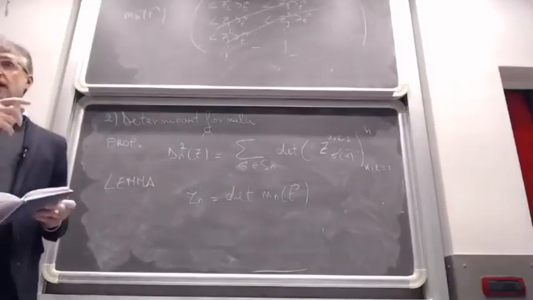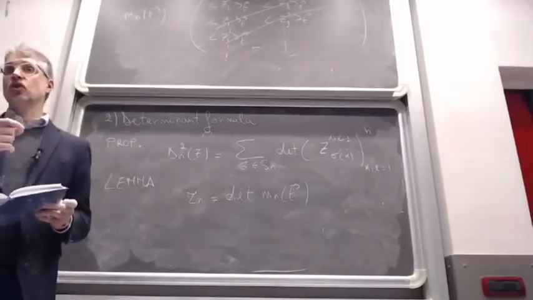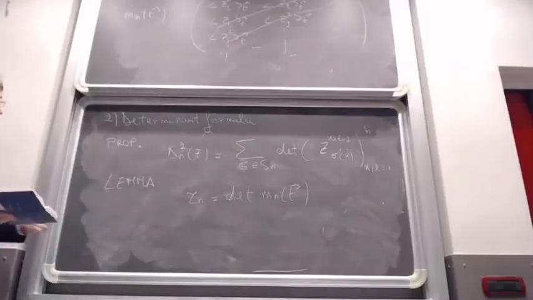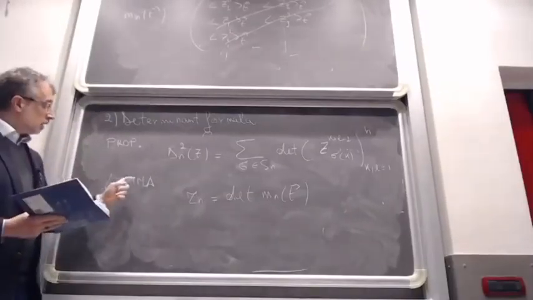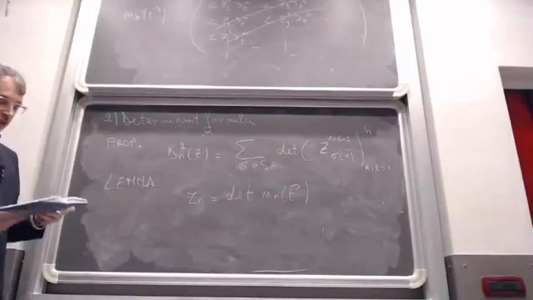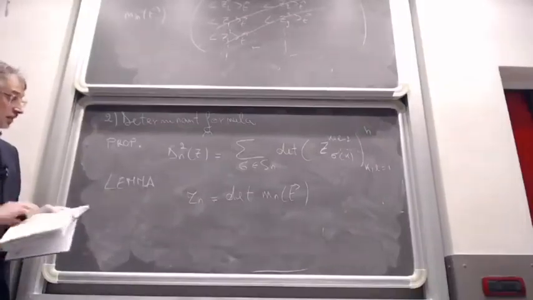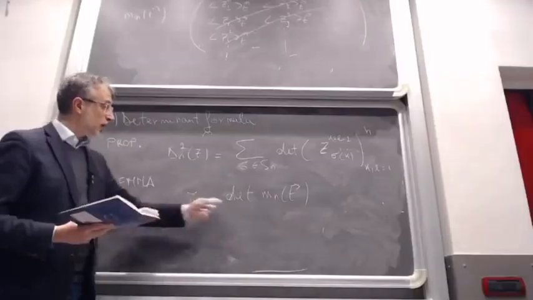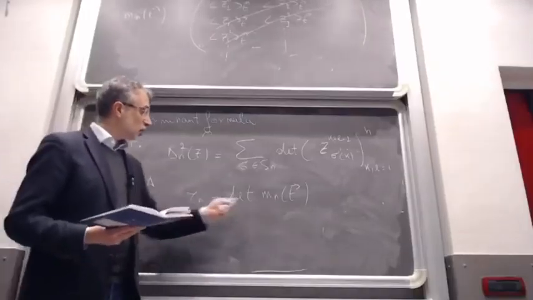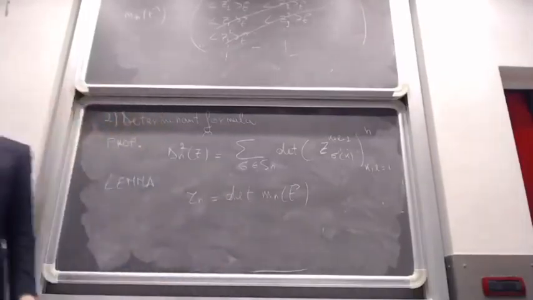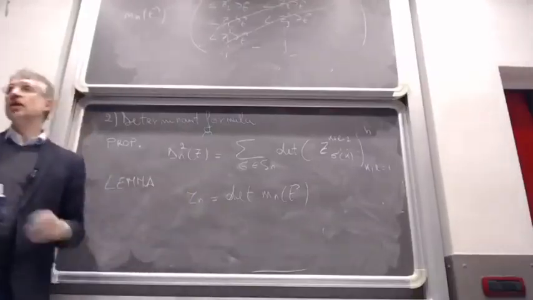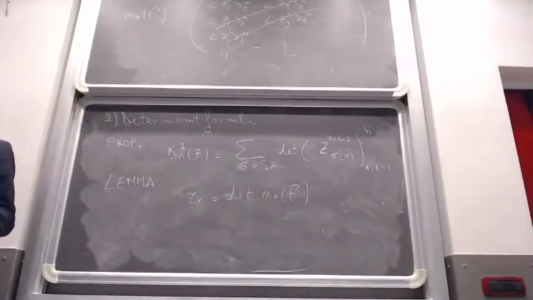Tau n is the tau function for the Toda hierarchy. The proof is based on a lemma that establishes the relation between tau n and the determinant of the moments, of the matrix of moments.